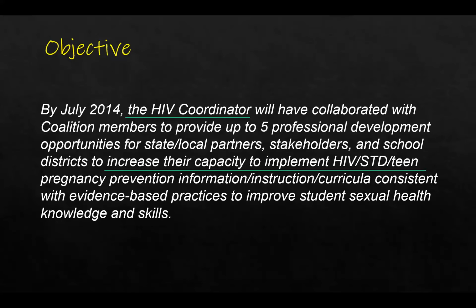Well, we're going to increase the capacity of stakeholders and whatnot to implement pregnancy prevention information curricula in up to 5 professional development opportunities. So that's what's going to be achieved. We're going to do some training and we're going to provide 5 PD opportunities. And that's how it's going to be achieved.